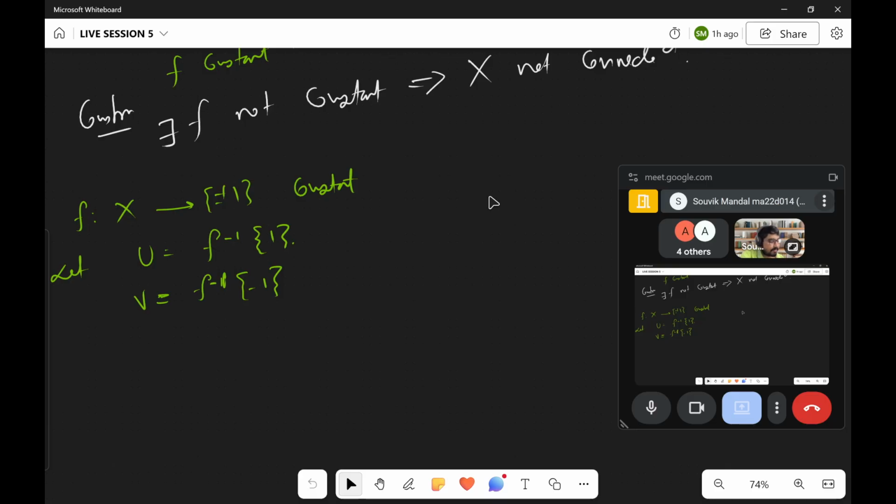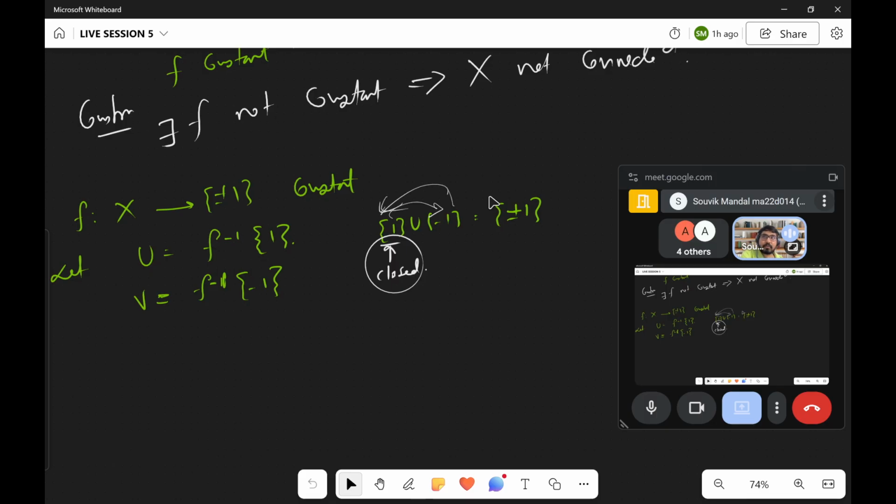See, the point is that minus one and plus one constitute plus minus one, right? Correct. And singletons are always closed, correct? So their pre-image will also be closed. Yes. Now singletons are closed, and so their complements are open. So the complement of one is minus one, and similarly the complement of minus one is one.